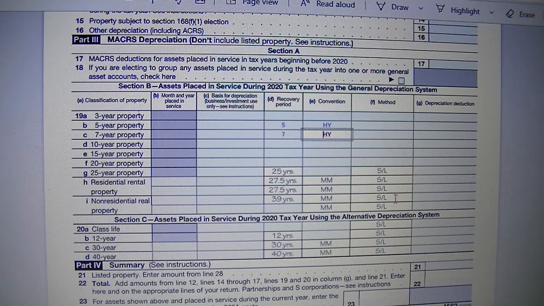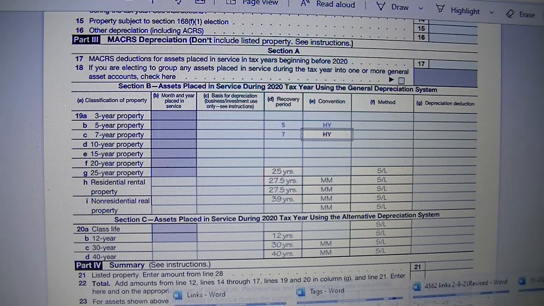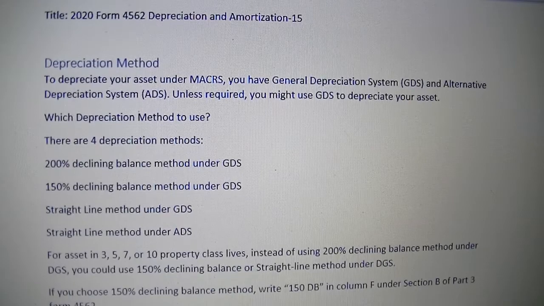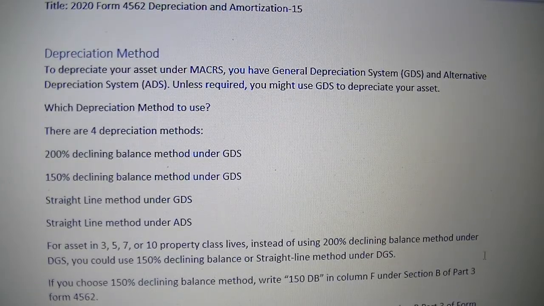So you have four options: the 200% declining balance under the General Depreciation System, the 150% declining balance method under the General Depreciation System, the straight line method under the General Depreciation System, and the straight line method under the Alternative Depreciation System.